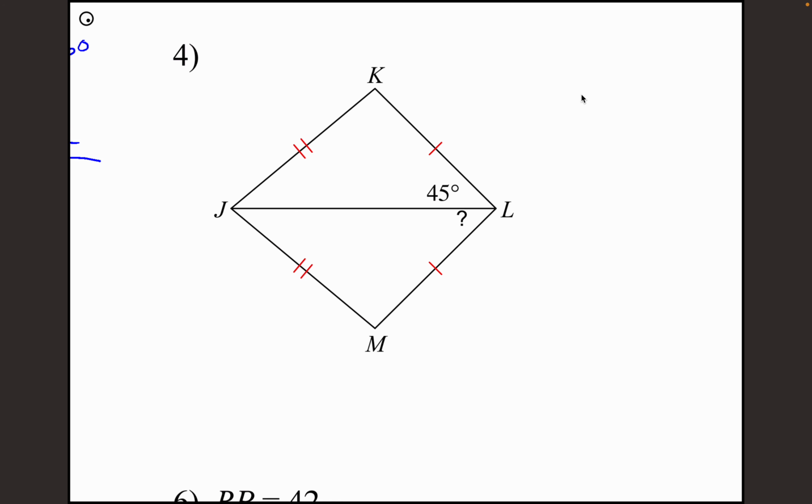So if this angle is 45 right here, what's the other angle of L? That's going to be 45. Now, K and M are congruent, correct? But this line is not going to be an angle bisector. So that's important to know.